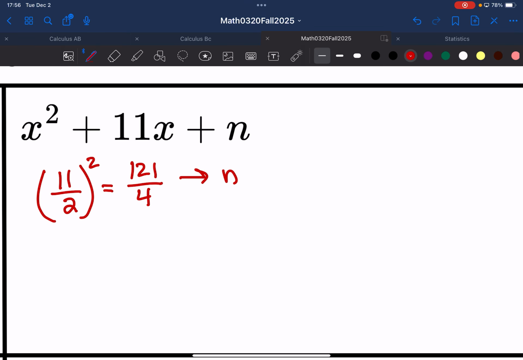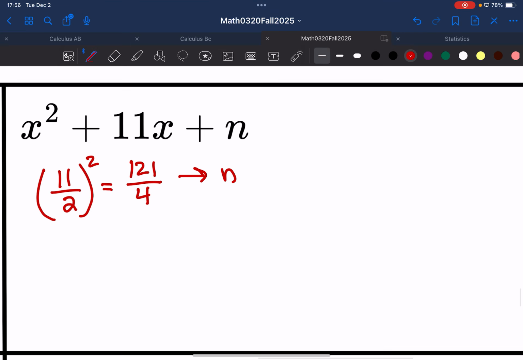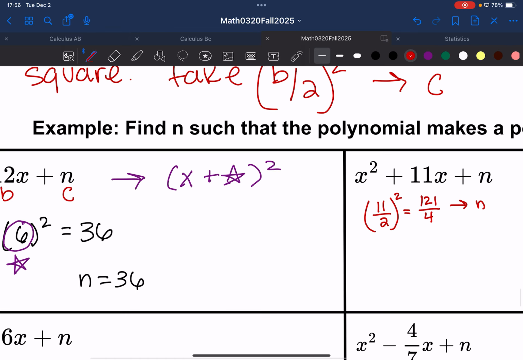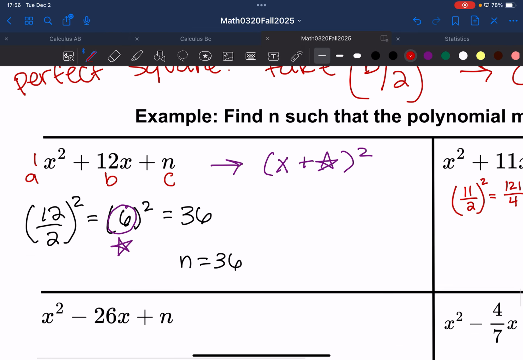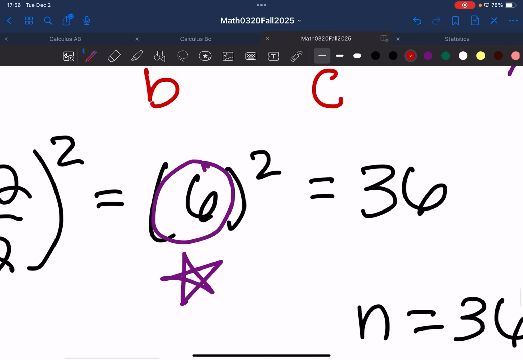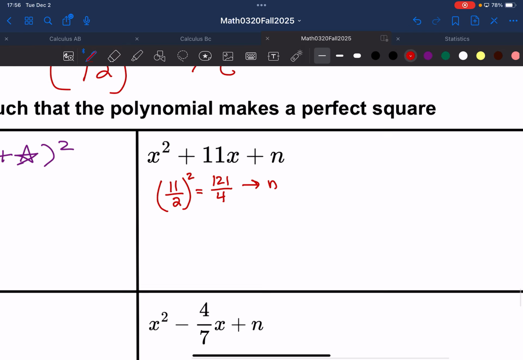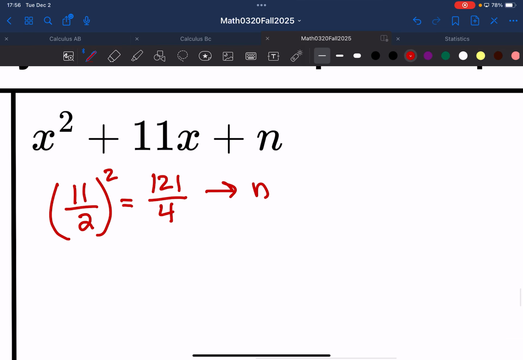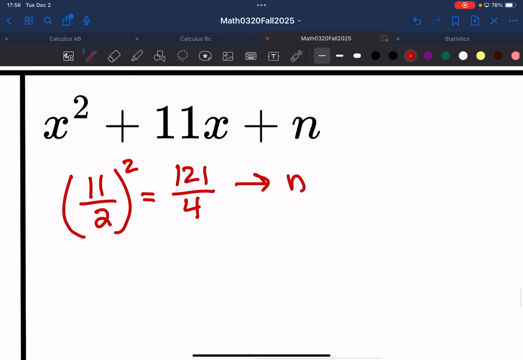And where's the star here in this case? 11 over 2, because remember our star here was what we were squaring. Okay, so that's why this 6 was there. So technically our star, I'm just giving it a thing to refer to quickly, our star is that 11 over 2. So this would be x plus 11 over 2 squared if we were continuing all the way.